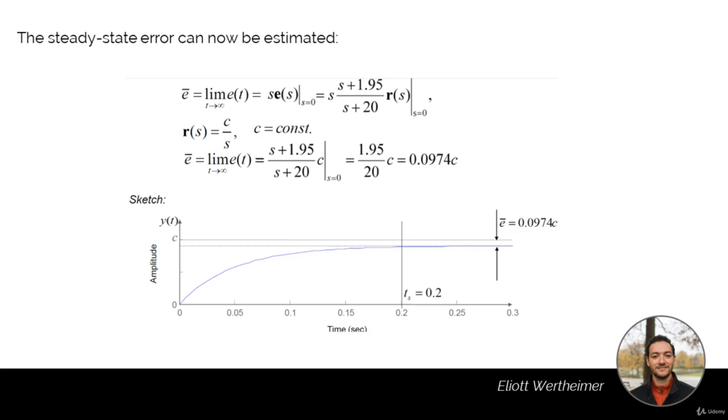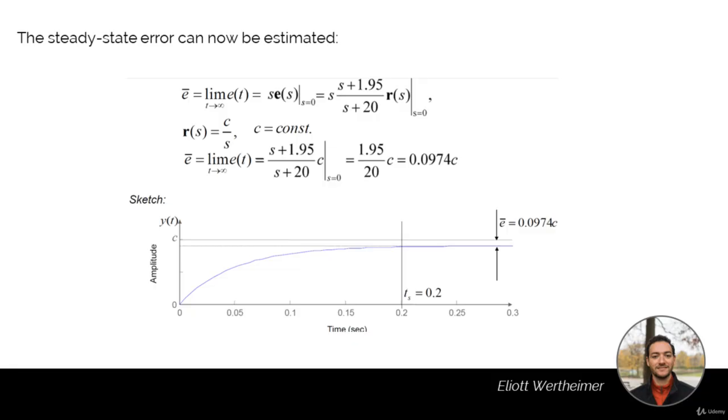We can then use our closed loop transfer function that we just calculated to replace the values, and we get that s multiplied by (s plus 1.95) divided by (s plus 20) multiplied by R(s), as s goes to 0, is equivalent to the limit of the error with respect to time as time goes to infinity.